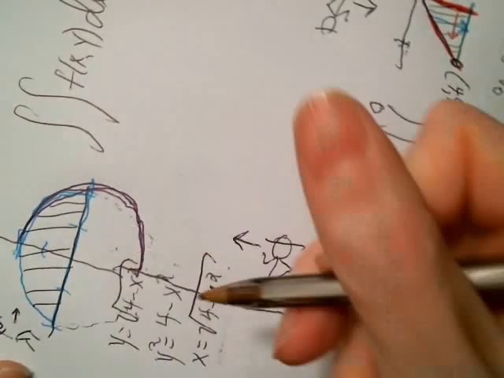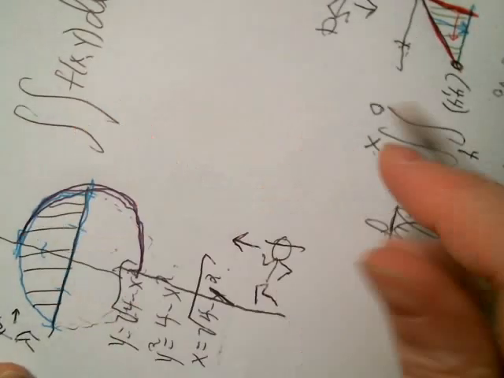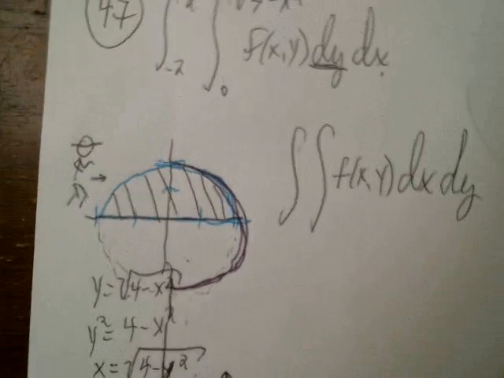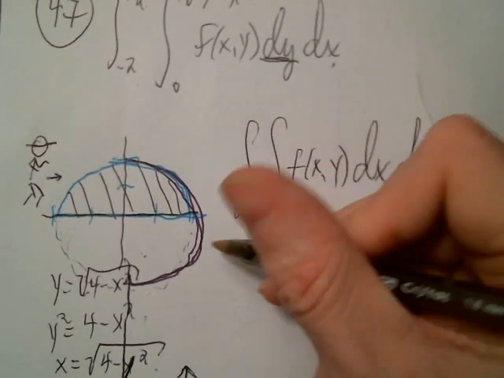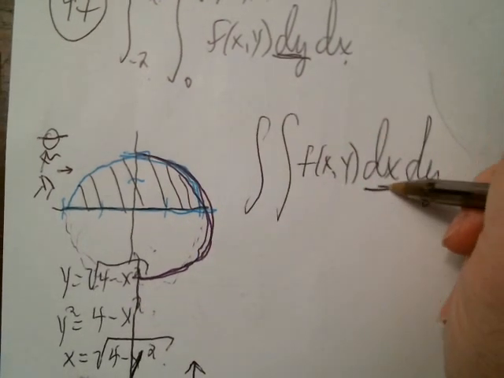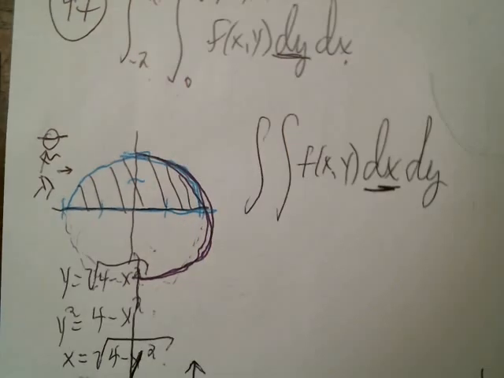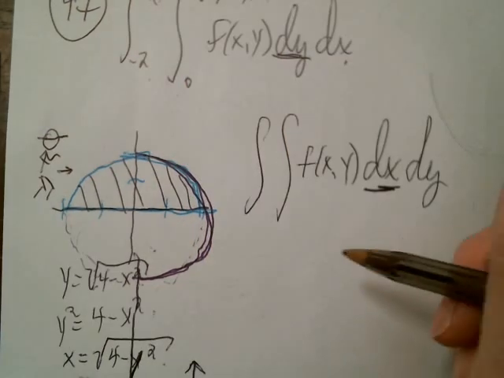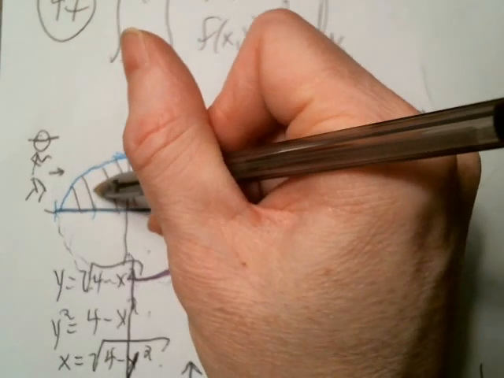The negative square root of 4 minus y squared would now be down here. So it's a little strange. The inner part of the integral is going from the curve x equals something, right? Well, I can't use 0, because I need this portion of the area.